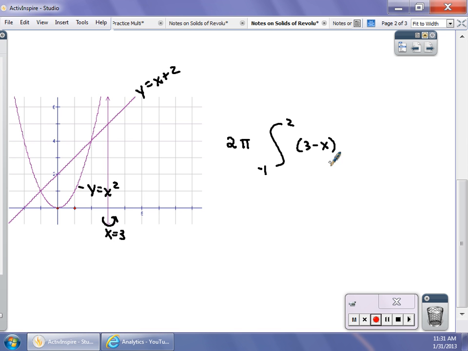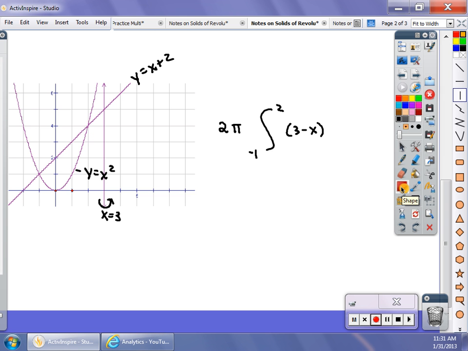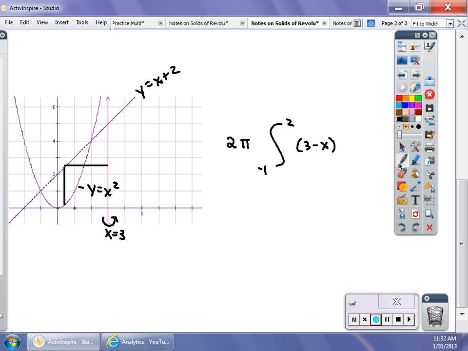And then the height is not necessarily how far I am off of the function. It's not like I go all the way up to x plus 2, because the bottom bound of my region is x squared. So the height is this vertical distance. The height is always going to be parallel to the axis of revolution. So that's a height right there. If I draw a horizontal line from the center of the rotation, that horizontal line is the radius.